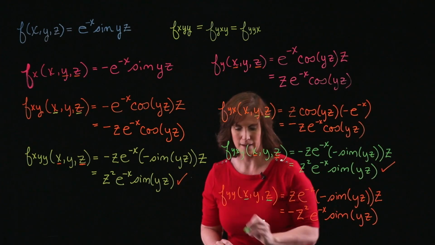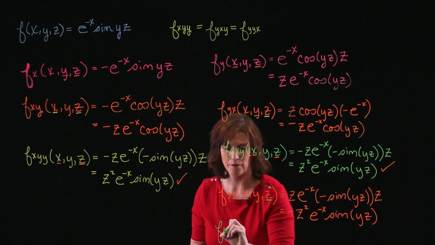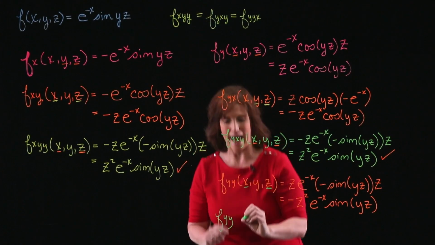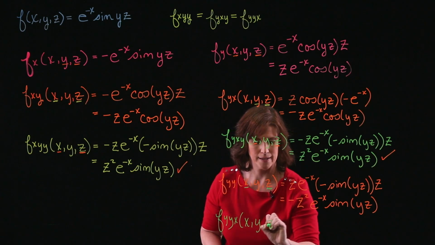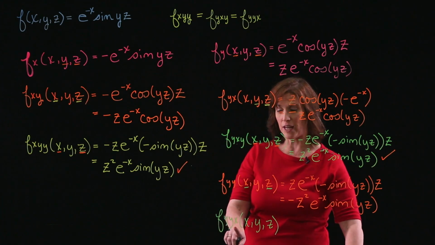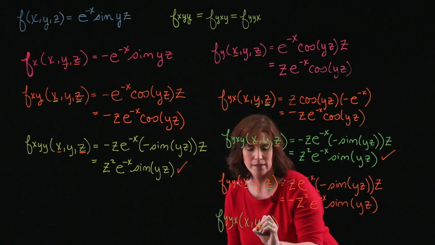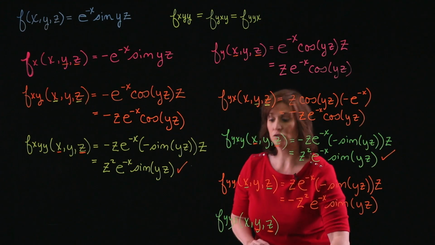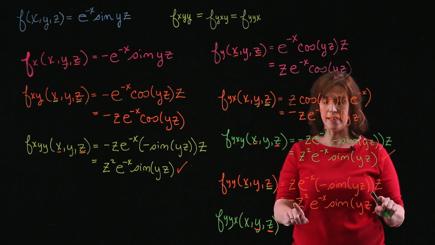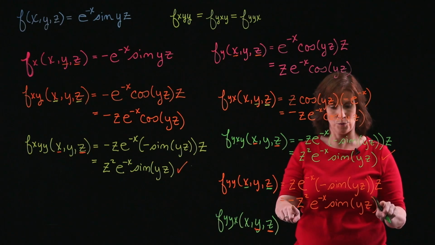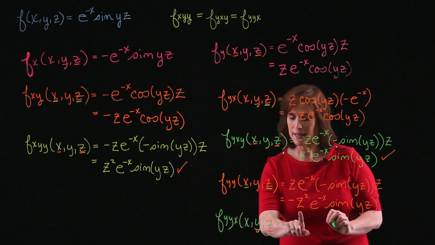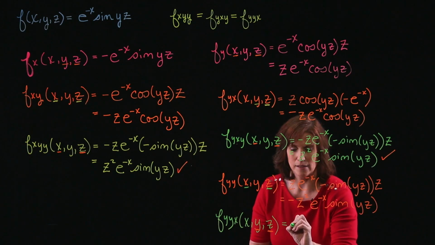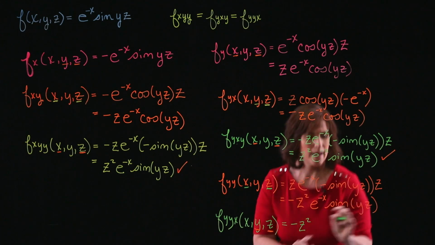Okay, one more step. I need to find the mixed partial fyyx of x, y, z. I'm differentiating with respect to x, which means that the y and the z are treated as constants, and I'm taking the derivative of fyy with respect to x. So my z is a constant, so minus z squared is a constant.